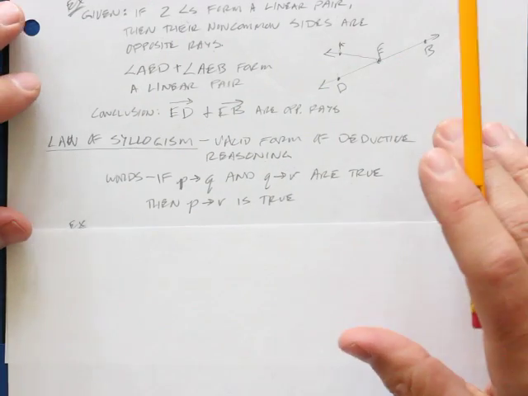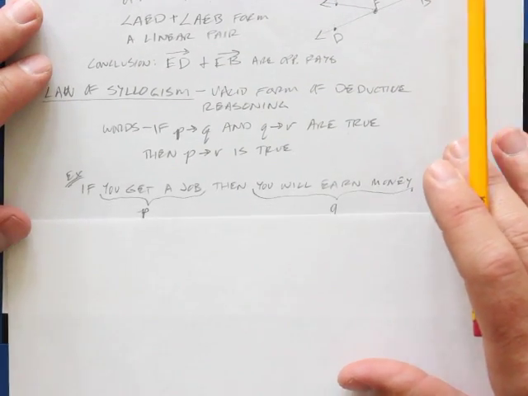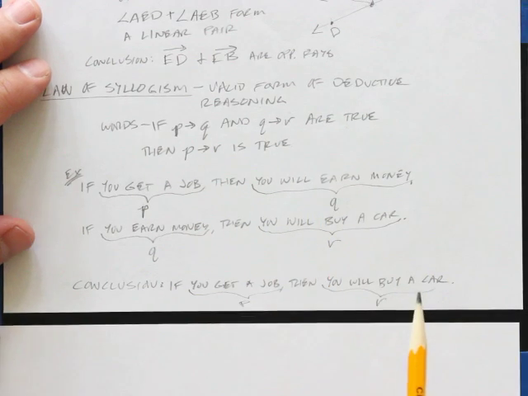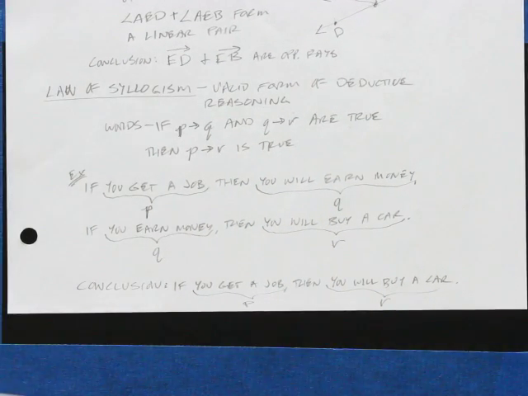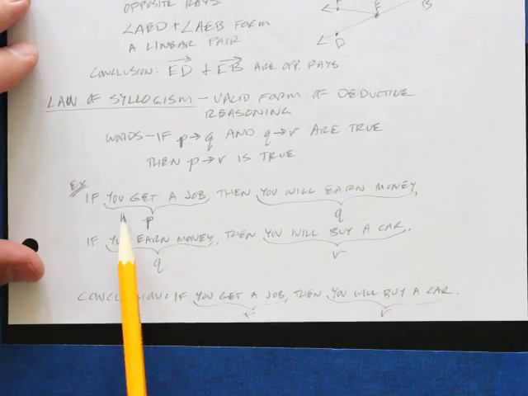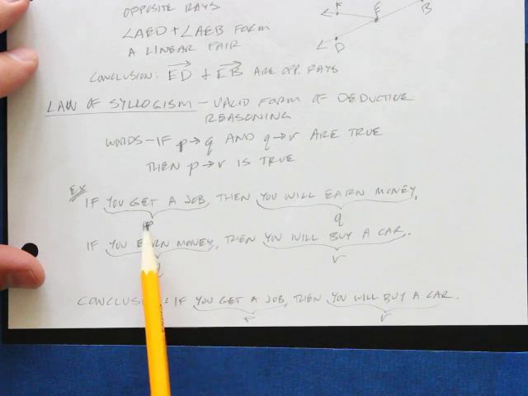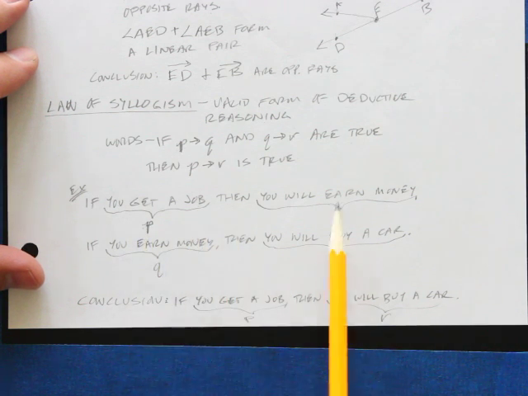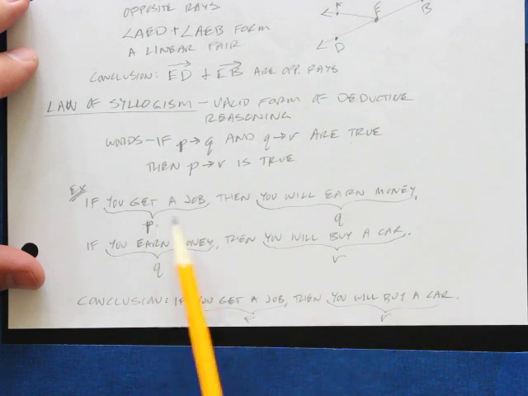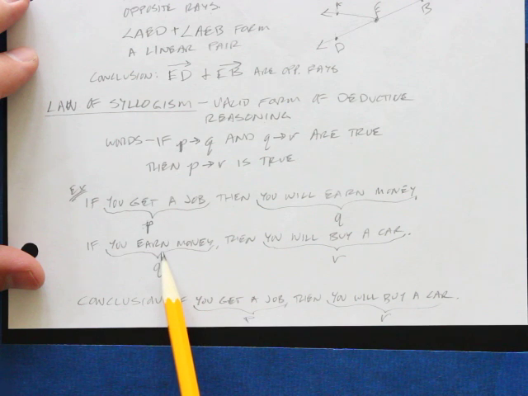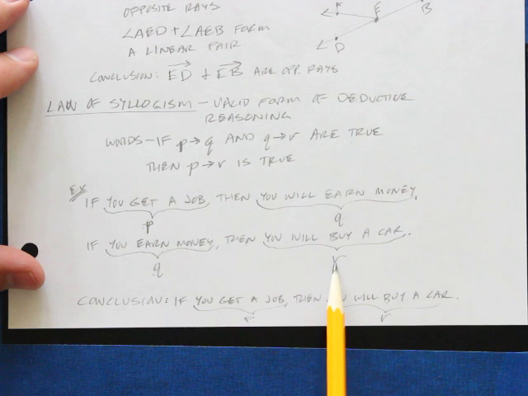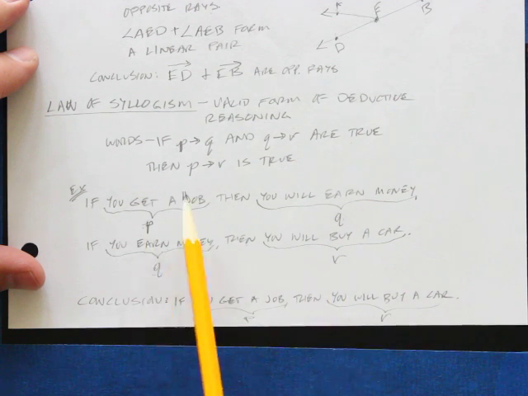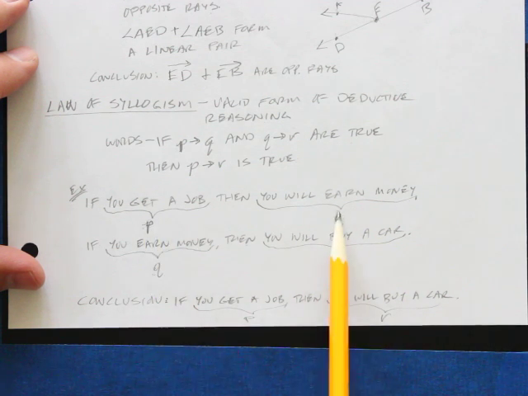All right, let's see what that looks like. Let's see an example. If you get a job, that's going to be P, then you will earn money, Q. If you earn money, that's Q again, then you will buy a car, which is R. So you can say, if you get a job, you will earn money.